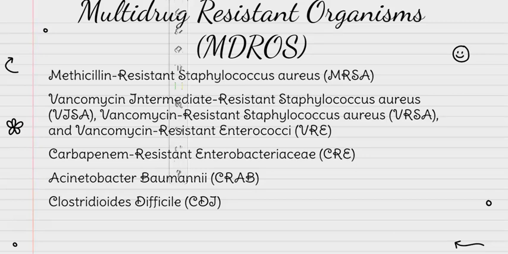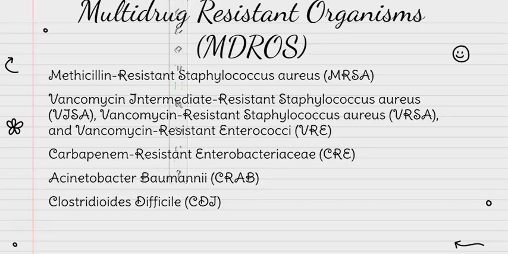or vancomycin-resistant Staphylococcus aureus. Oh, sorry, the other one was VISA, and then this one is VRSA. And then there's vancomycin-resistant enterococci, and that one is VRE. And then there's carbapenem-resistant Enterobacteriaceae, which is CRE.